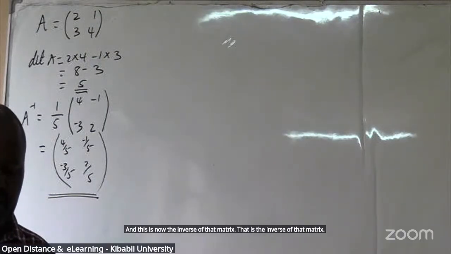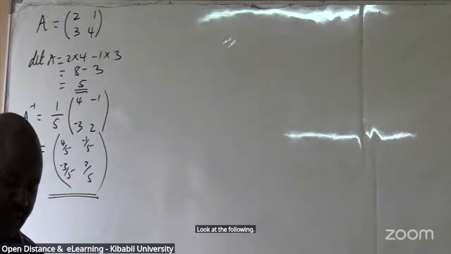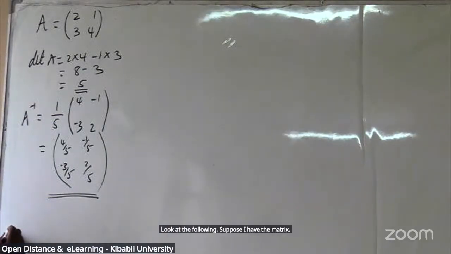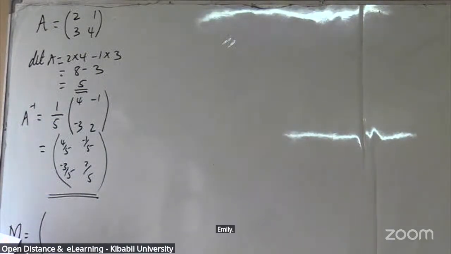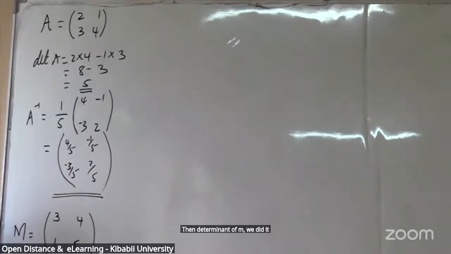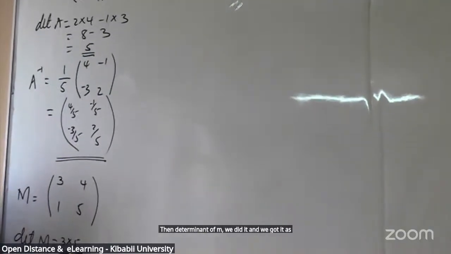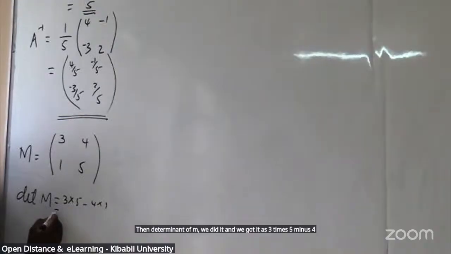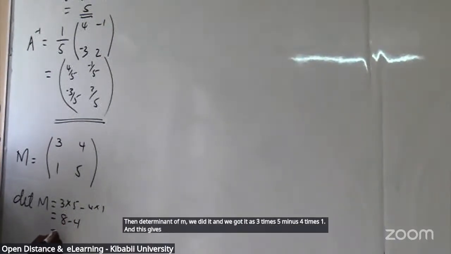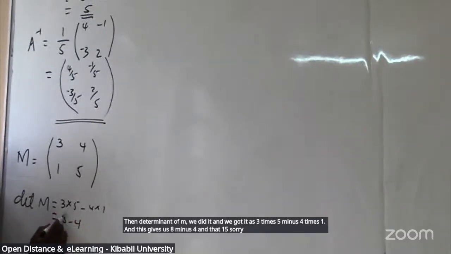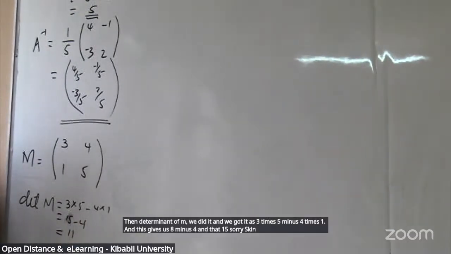Look at the following. Suppose I have the matrix M defined as 3, 4, 1, 5. Then the determinant of M is 3 times 5 minus 4 times 1, which is 15 minus 4, and that gives us 11.